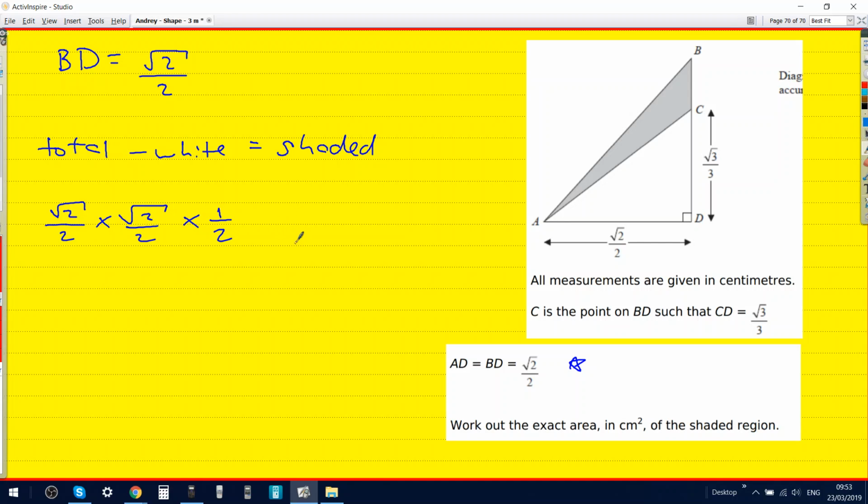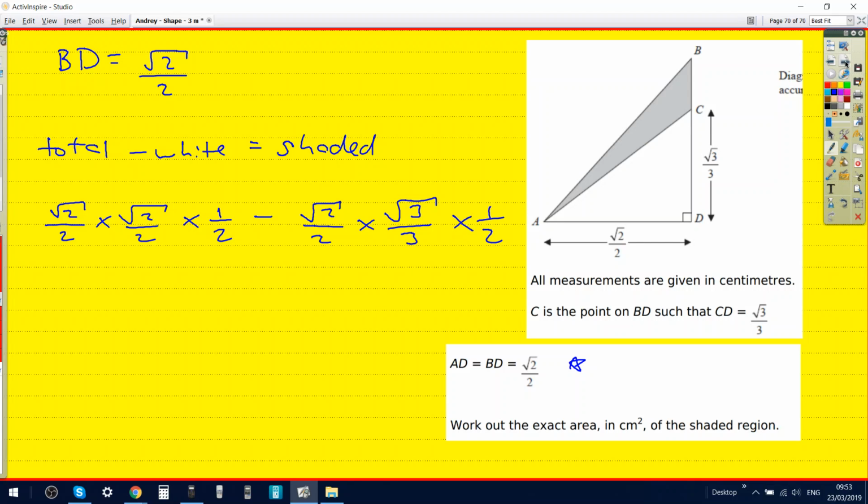And then I do root 2 over 2 times root 3 over 3. And then I take the answers from each other. Something's missing from the second one. It's a triangle. Oh, the times a half again. Correct. That's it. Brilliant. Any questions there? No. Okay.